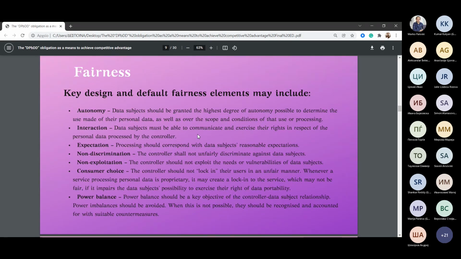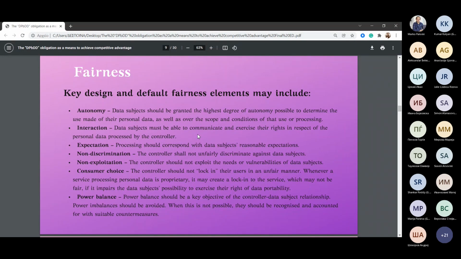So next we have the fairness principle, and some key designs for fairness. Autonomy: data subjects should be granted the highest degree of autonomy possible to determine the use made of their personal data, as well as over the scope and conditions of that use of processing. Interaction: data subjects must be able to communicate and exercise their rights in respect of the personal data processed by the controller.